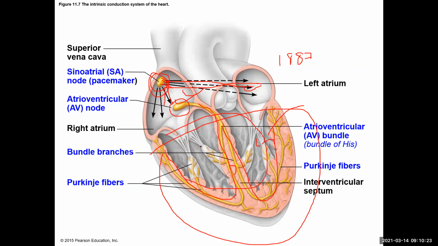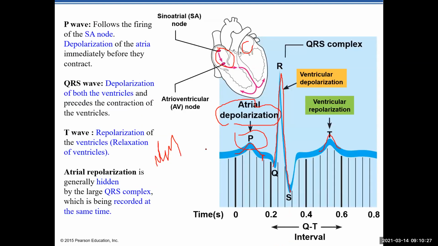The ventricular depolarization takes place, and due to the high intensity of the QRS complex, the atrial repolarization is hidden.